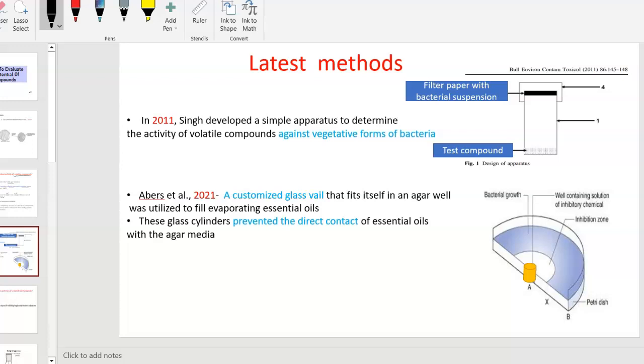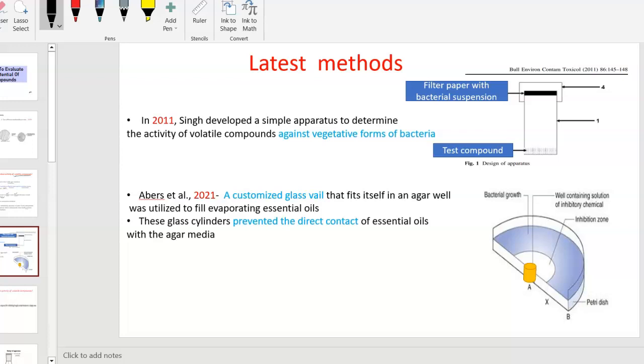Recently in 2021, another method was proposed by Arbus et al., where they fitted a glass vial in the agar well, and inside this glass vial the volatile compound was filled, so this method can successfully prevent the direct contact of the volatile compound with the agar medium.